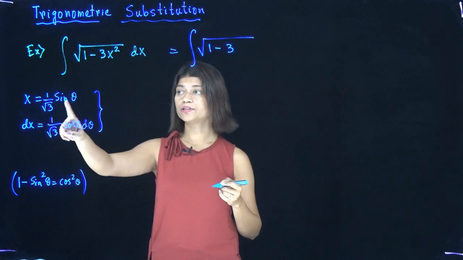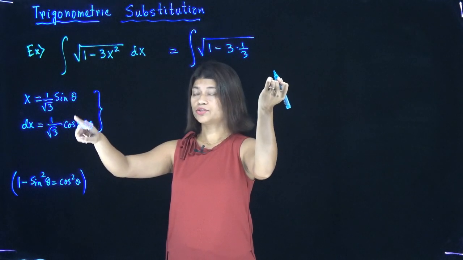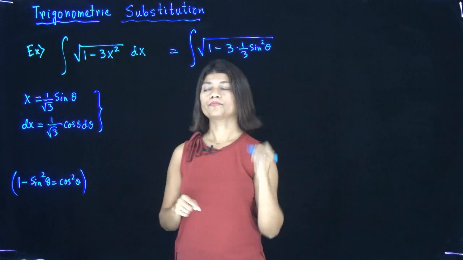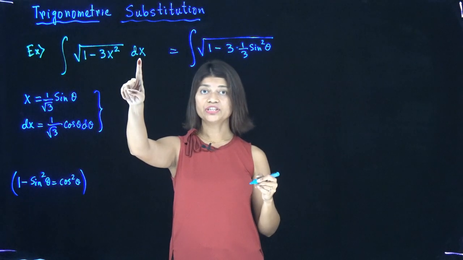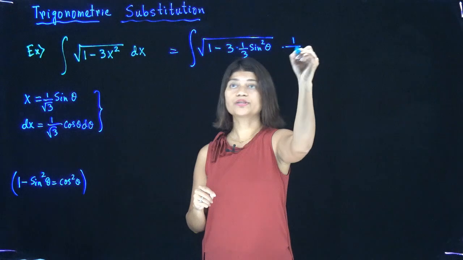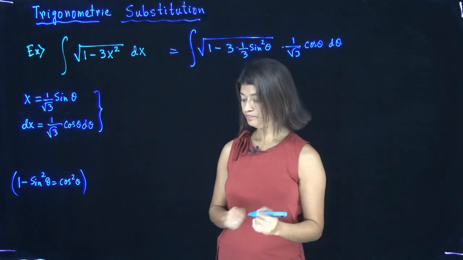So you're squaring everything. 1 over square root of 3 squared is 1/3, and then sine squared. And then outside, don't just change it to d theta, make sure you have the dx and write it down outside: 1 over square root of 3 cosine theta d theta.